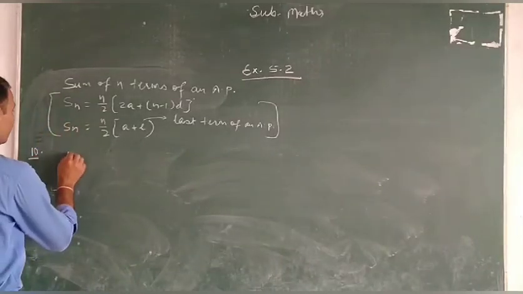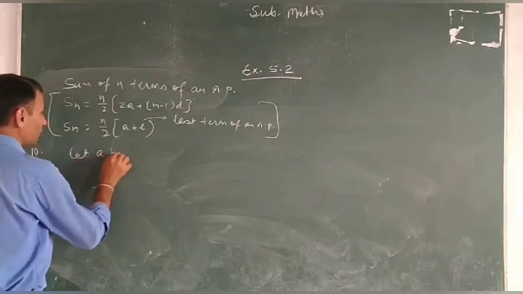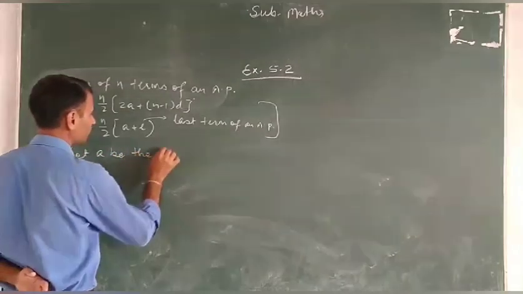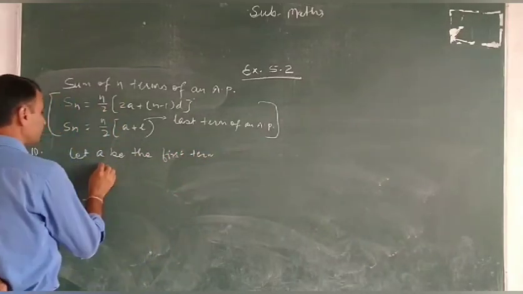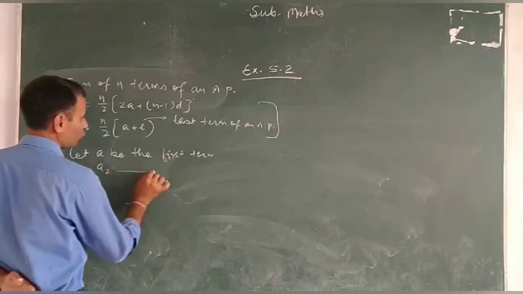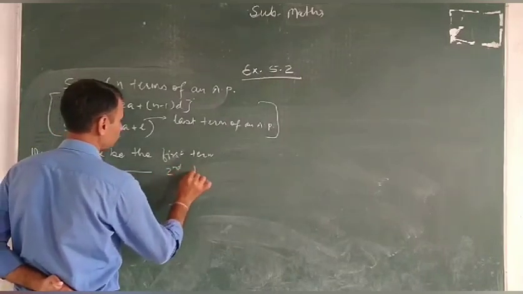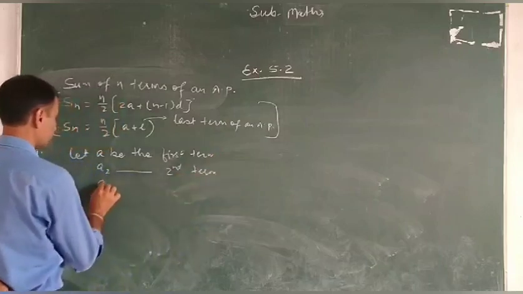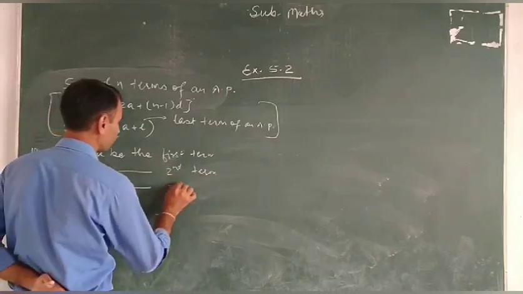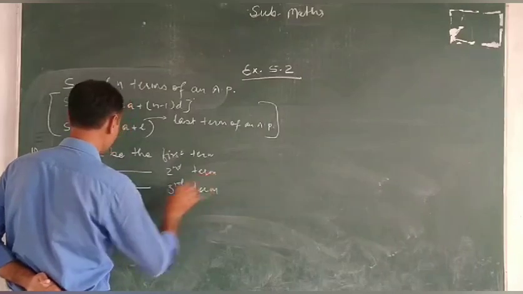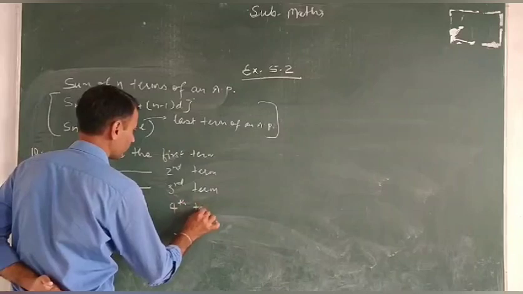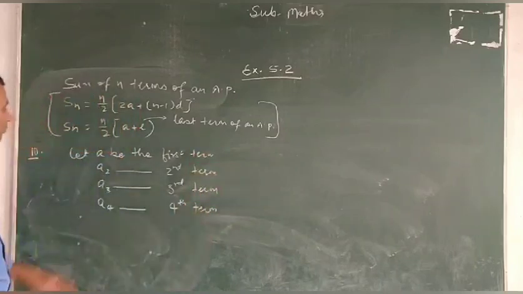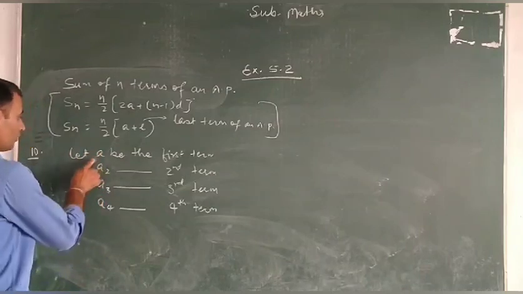If four numbers are in AP, let A1 be the first term, A2 be the second term, A3 be the third term, and A4 the fourth term of the AP. If these numbers are in AP, then the common difference will be the same.